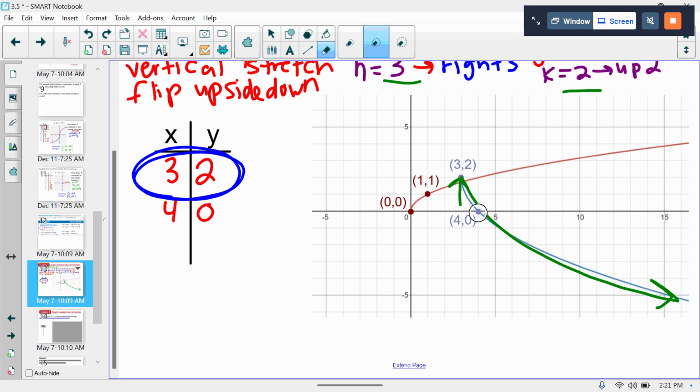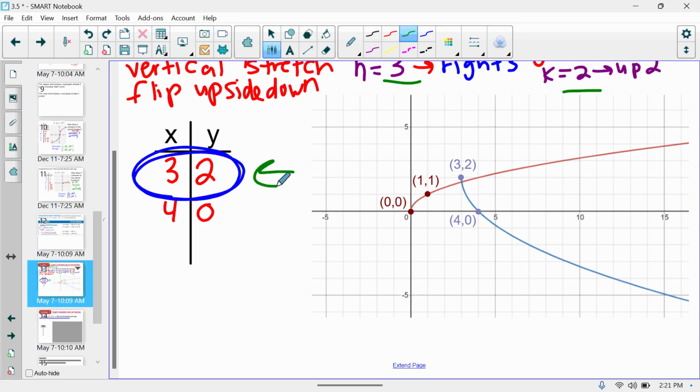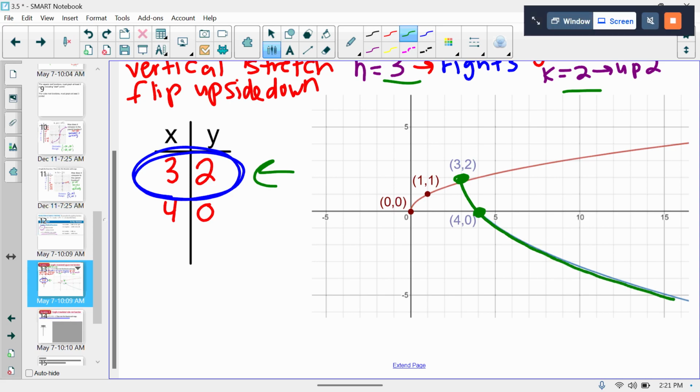So when you do your homework later, you might want to see if you can figure this point out by yourself, but then feel free to look at your calculator table to help you, okay? But 3, 2 is the start of our graph now, and then 4, 0 is our second point, and then we'll connect it. Remember, it only goes in one direction. It doesn't go past the point 3, 2. That's our start point, okay?